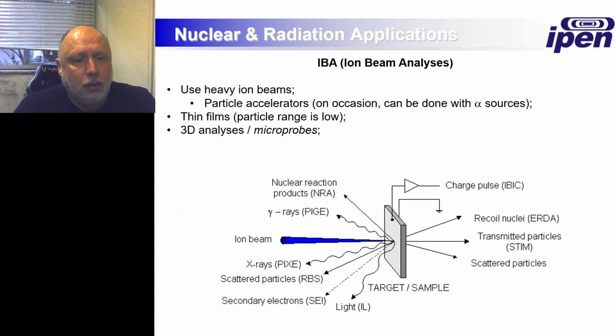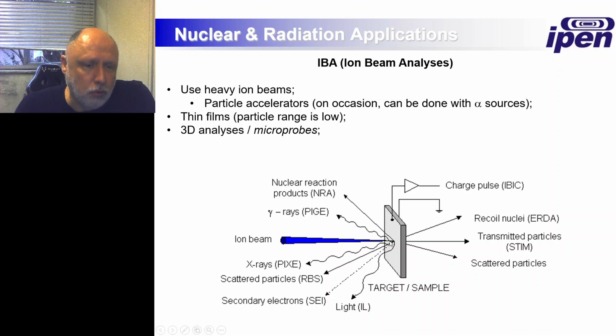The idea is you have an ion beam, a particle accelerator that accelerates heavy ions like hydrogen or carbon or whatever, and you send them into your sample. There are several things that can happen, right? Depending on the energy of the beam, you will have nuclear reactions or you won't.